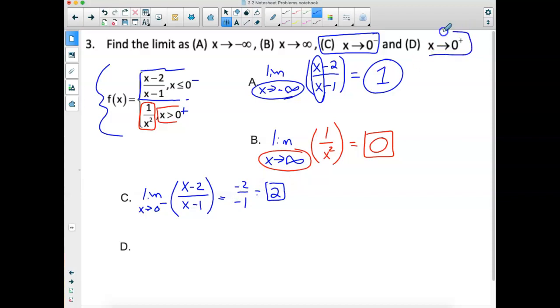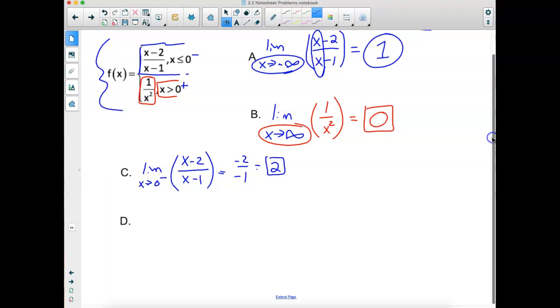And now we're going to approach 0 from the right. So that's going to be limit as x approaches 0 from the right. My right side is right here. I'm approaching 0, 1 over x squared. Okay, what is my limit? Now notice this is a one-sided limit. I'm approaching from the right side.